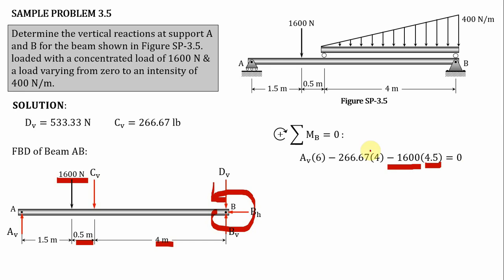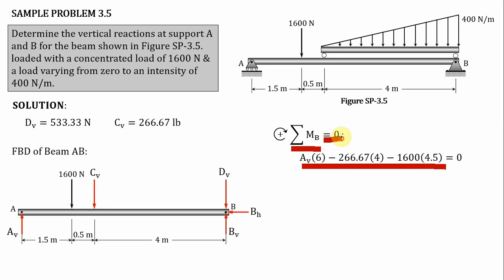Okay, and that's it, no? So, ito yung ating summation of moment at point B. Then we equate this equal to 0. So therefore, our AB will be equal to 1,377.78 Newton. And this will be our final answer.